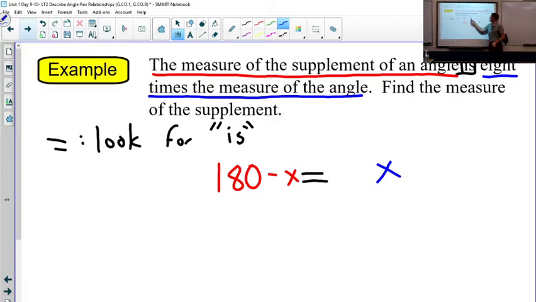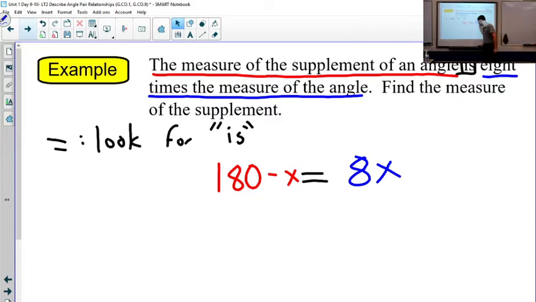Oh, yes, there is. We want 8 times the measure of the angle. So 8 times that, that's multiplication. So 8 times x. So here's my equation. The measure of the supplement is 8 times the measure of the angle.